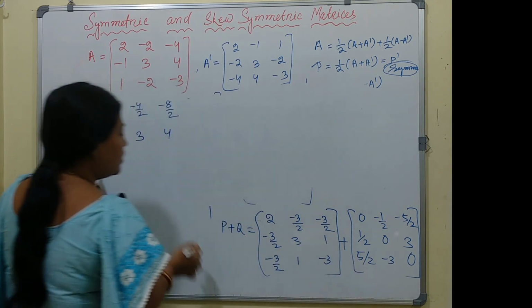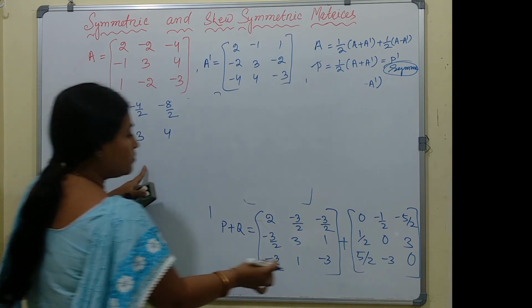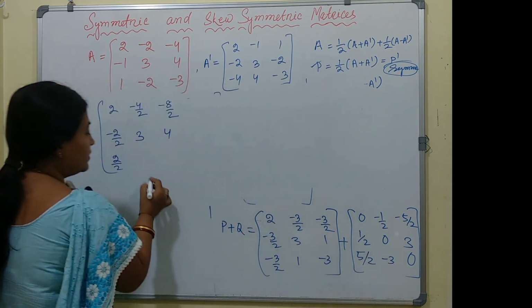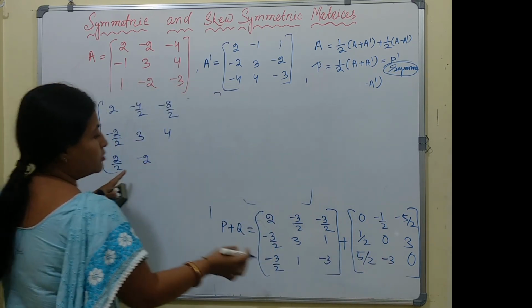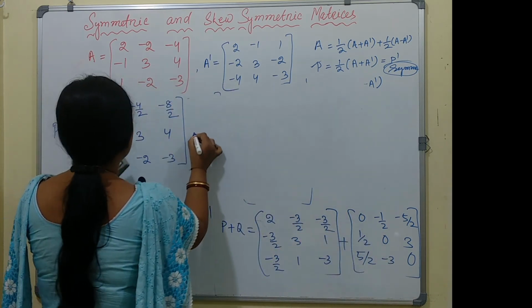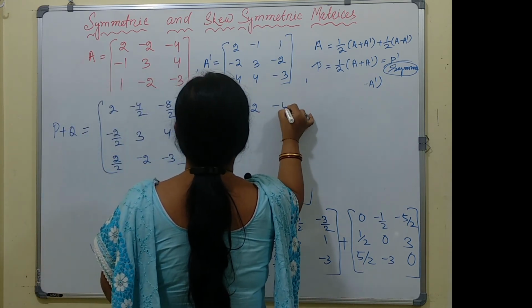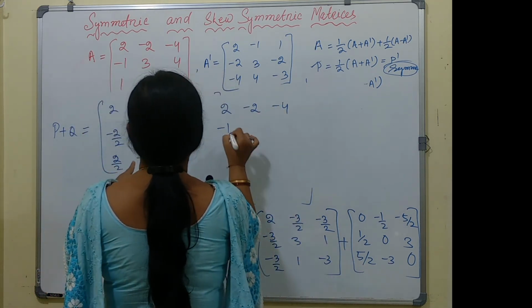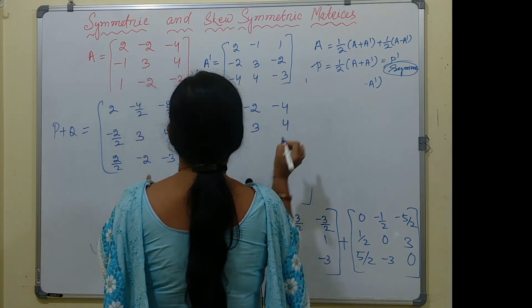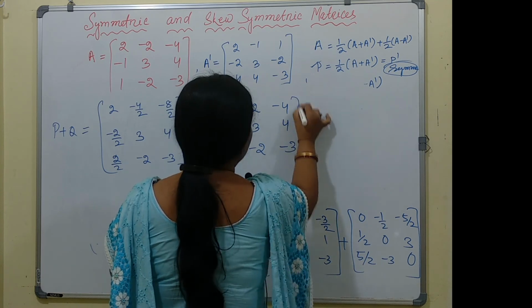Minus 3 by 2 plus 5 by 2 is 2 by 2. 1 minus 3 is minus 2. Minus 3 plus 0 is minus 3. So we get here 2, minus 2, minus 4, minus 1, 3, 4, 1, minus 2, minus 3.